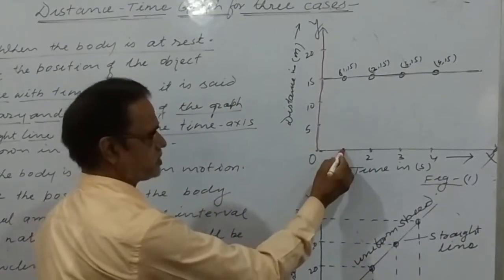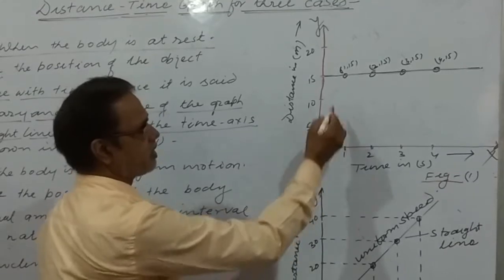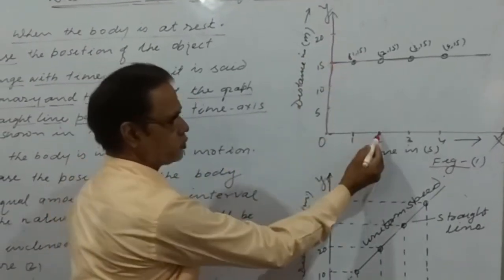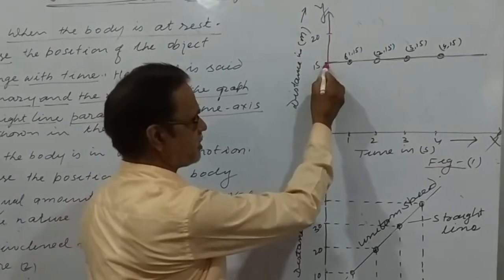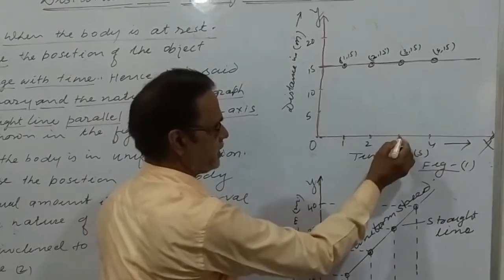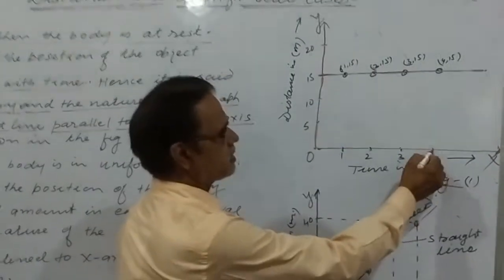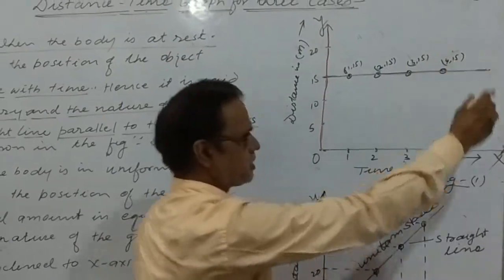Suppose in 1 second the body covers 15 meters, right? In 2 seconds the body covers also 15 meters. In 3 seconds the body covers 15 meters. In 4 seconds the body covers 15 meters.